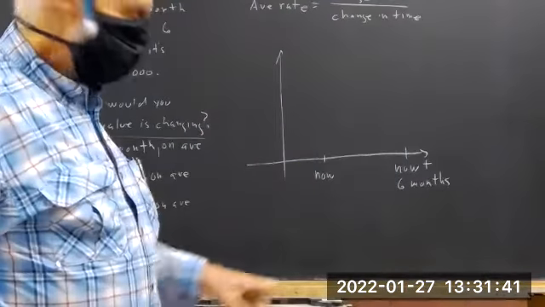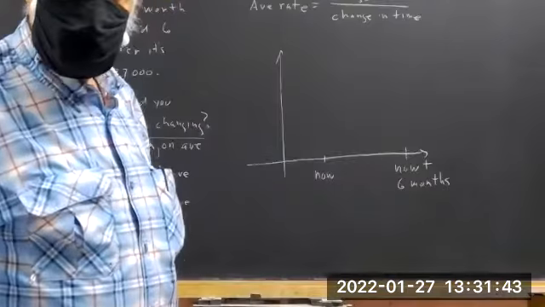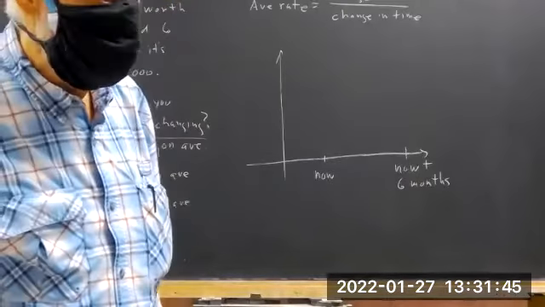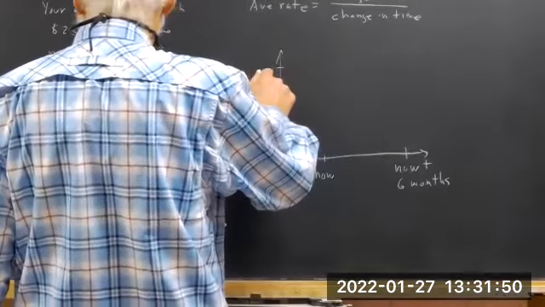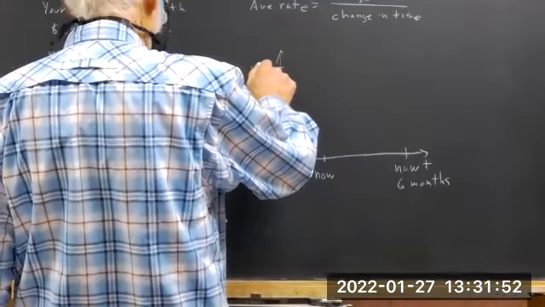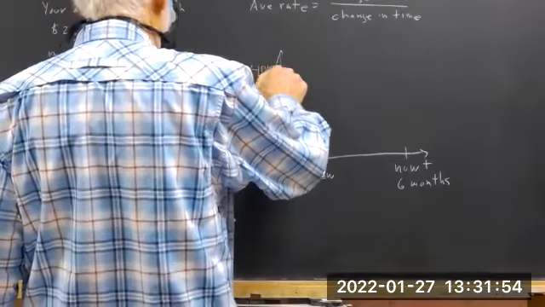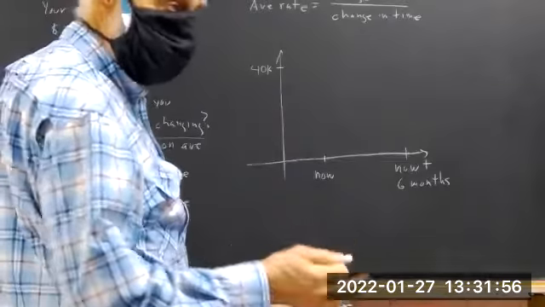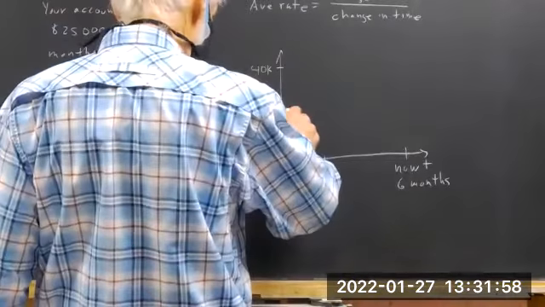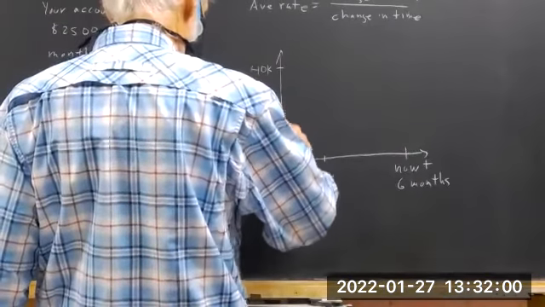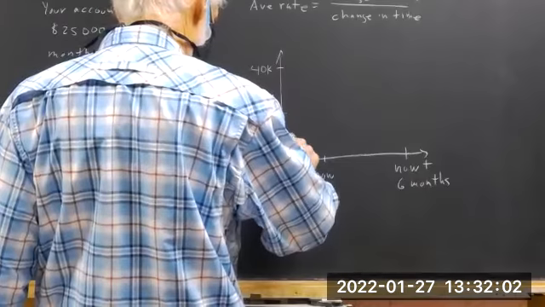I don't know where the origin is, but we have now and we have now plus 6 months, right? And we have 40,000. All right, 40K, that means 40,000. K standing for kilo, which is 1,000.